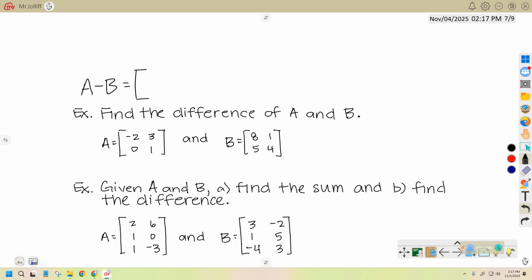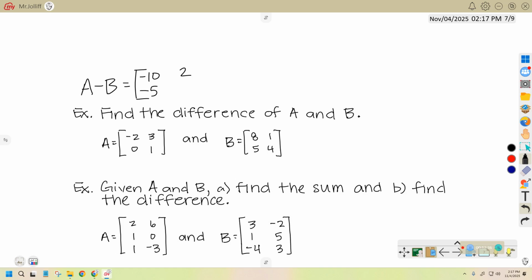I'm going to do this one fast now that we've seen the pattern. That first entry should be -2 minus 8, which I'm pretty sure is -10. I don't see anyone looking at me like I'm crazy. Next box is 3 minus 1, which is 2. 0 minus 5, which is -5.